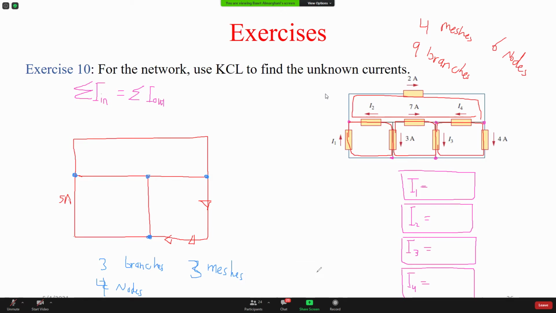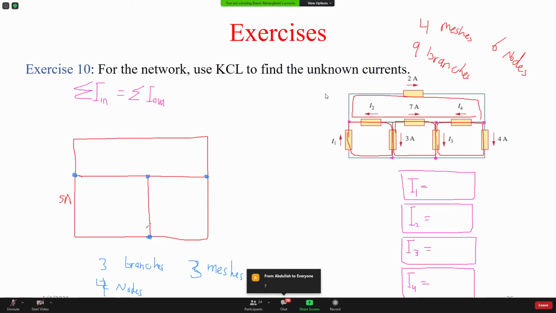Now the difficult thing, how many branches do we have? Even myself, I have to actually count. This is not easy.